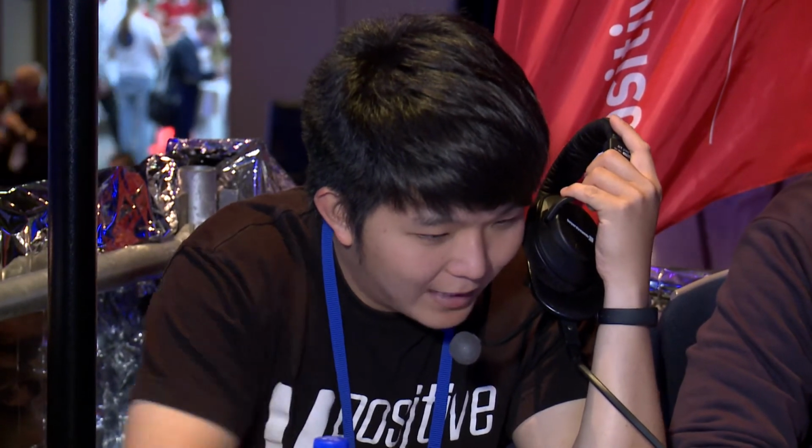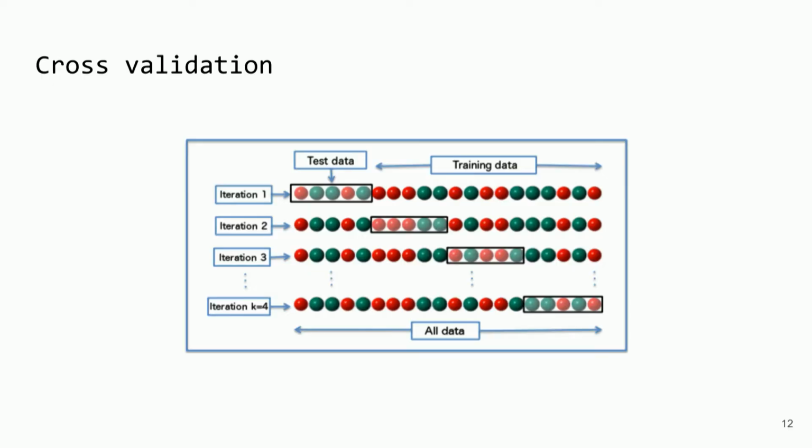Okay, and how we are doing evaluation of our models today will be this very common and popular technique called cross validation. Cross validation just means that we want to be able to evaluate how accurate our algorithms are after we train them, and we have a training set and a testing set. The concept of cross validation is that you have a validation set that is randomly selected from your training set.